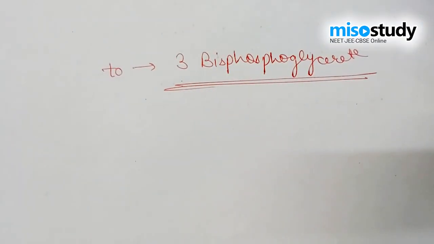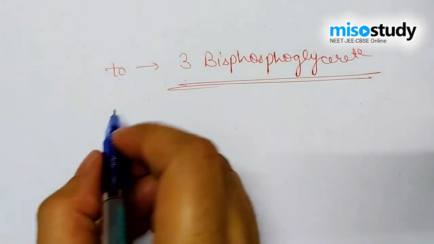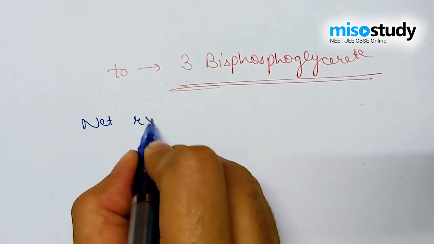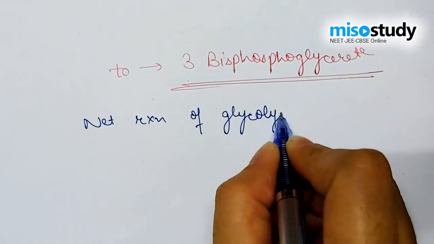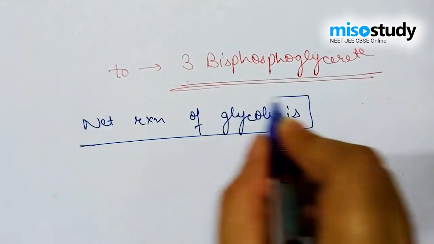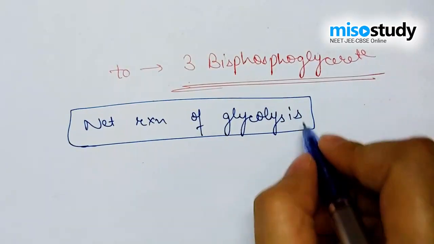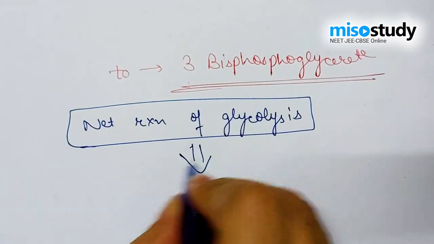And we can write the net reaction of glycolysis as follows.